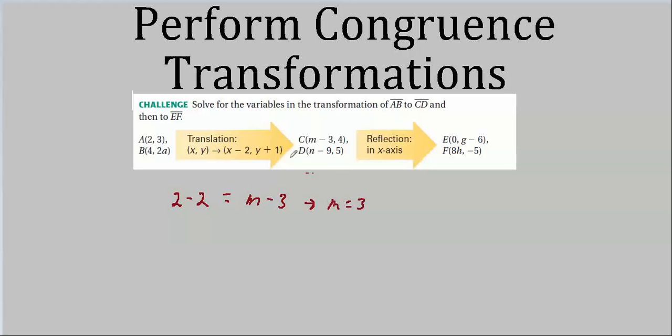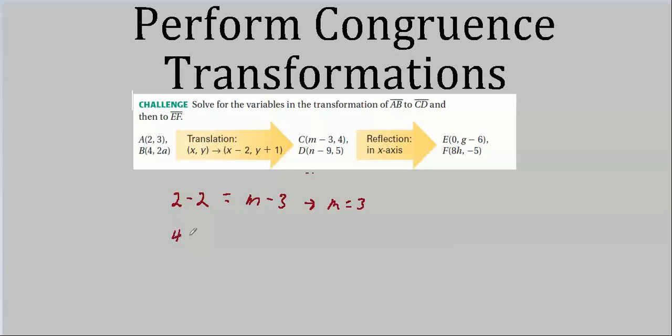What about over here? Well, we have 4. Oh, not quite. We have to do the y-coordinate, don't we? And 3 plus 1 goes to 4, so that's okay. We didn't have any variables in the y-coordinate, so I guess we didn't have to do that. What about this one? 4 minus 2. Well, okay.